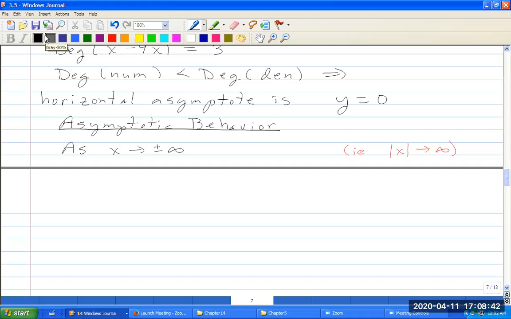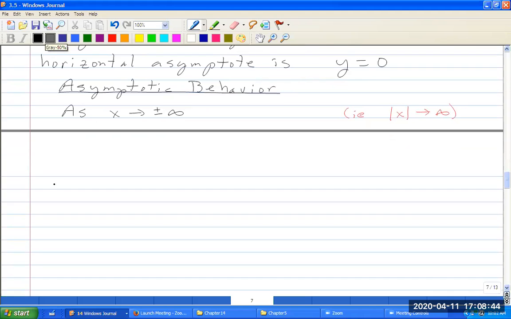Well, f of x, let's write it this way, x plus 1 over x cubed minus 4x. And we use this little squiggly to say that's asymptotic behavior.